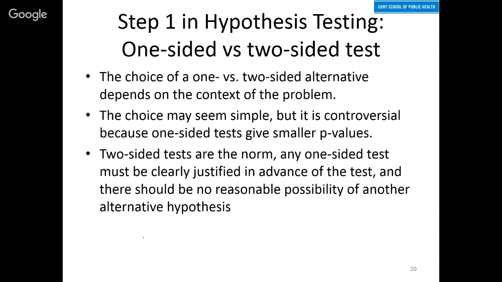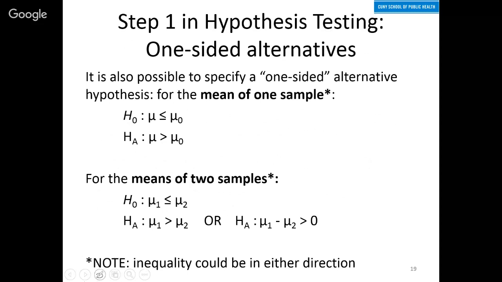So in general, your p-value will be half as big with a one-sided test if your directionality is correct. So if your mean 1 is greater than your mean 2, then the p-value would be half as big. If it's in the other direction, then that's not the case with the p-value.